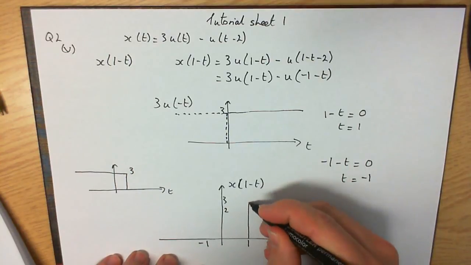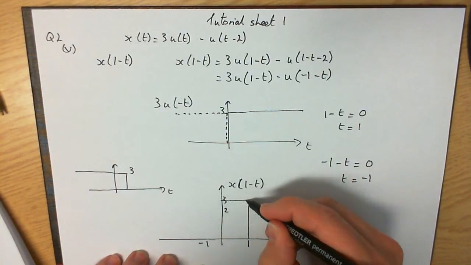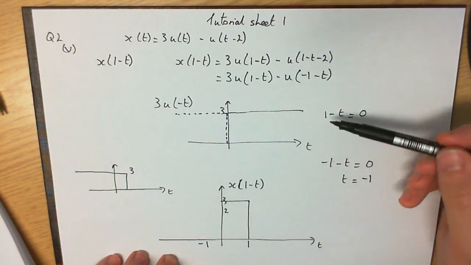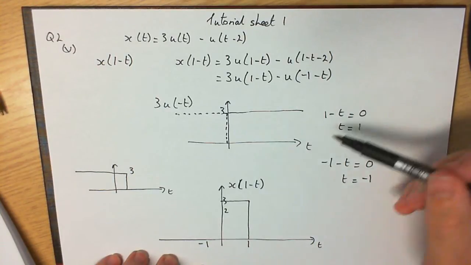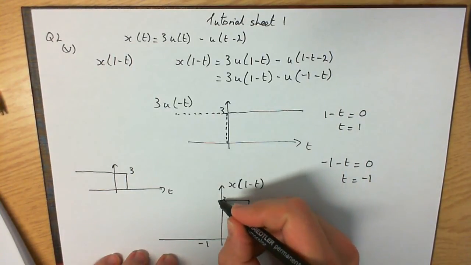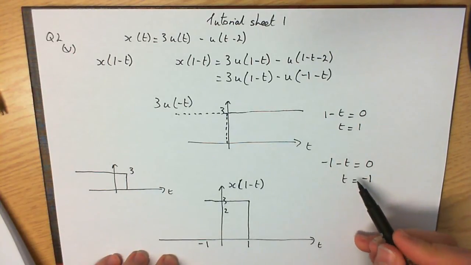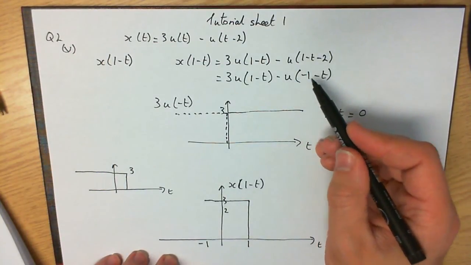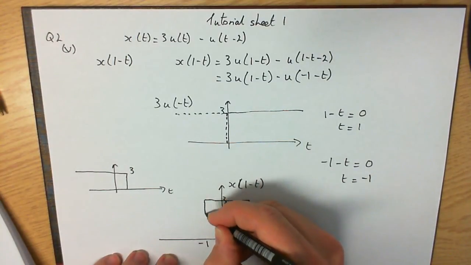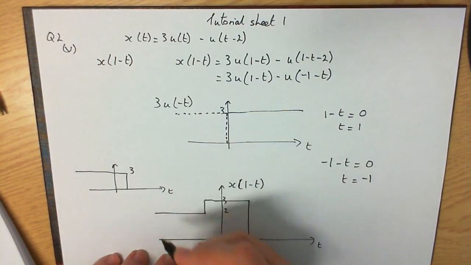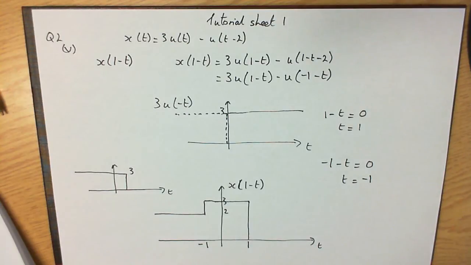So it's going to go to 3 at time t equals 1, which takes into account this element here, and that's going to go all the way back to t equals minus 1, where we have to include this minus u of t, and again that's going to drop down and carry on to negative infinity.